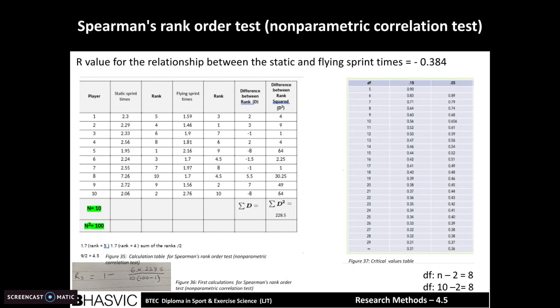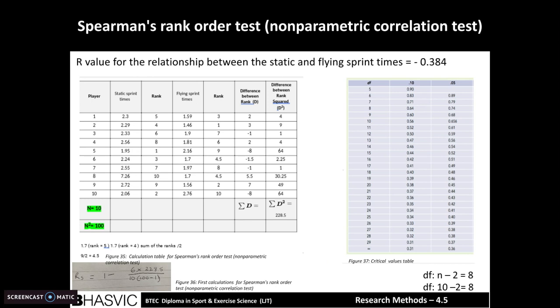Shown in my example in figure 35, I'm ranking the scores as 10 being the lowest time and 1 being the fastest time. And as there was a duplicate in the rankings, I added the rankings up and then divided them by how many rankings were the same to give an overall ranking.